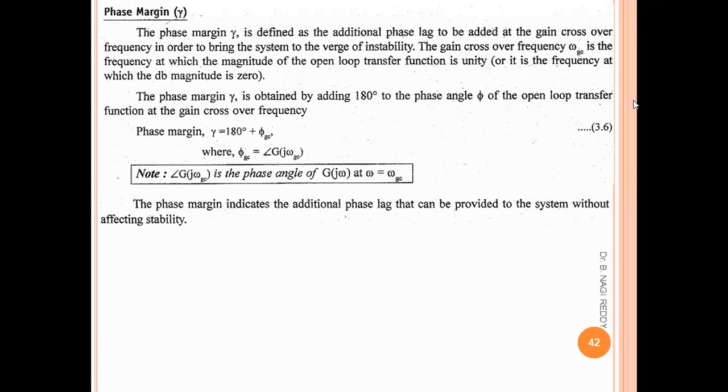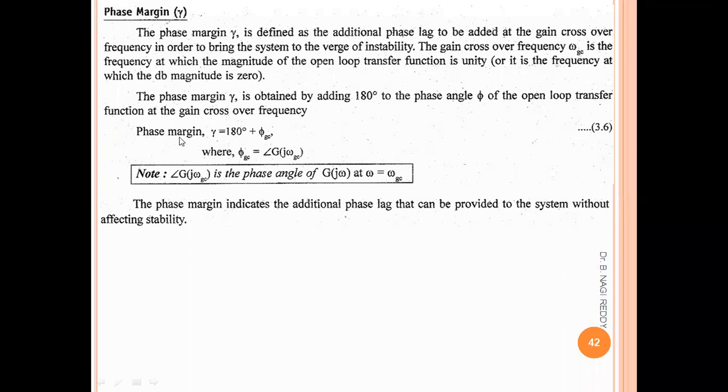If the magnitude is unity, that means 20 log 1, and 20 log 1 means 0. So wherever the magnitude plot reaches 0, the frequency at which the magnitude reaches 0 is called the gain crossover frequency. At that point, the frequency is noted.